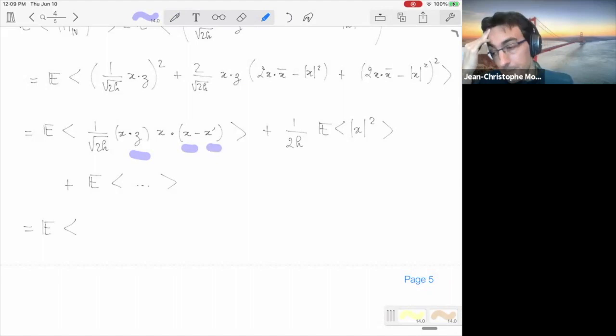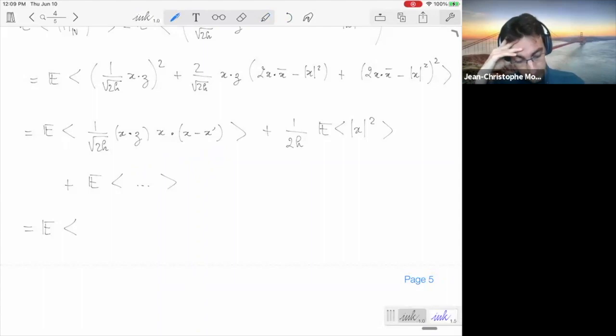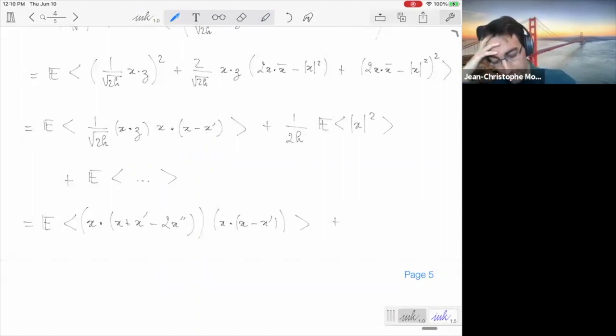In this case, we have seen that we replace z not by x minus x prime, but by x plus x prime minus 2 x double prime, with independent copies. So what we get is x dot x plus x prime minus 2 x double prime, and then x dot x minus x prime. This is the first term. Plus my now friendly term. I'm happy to see it.